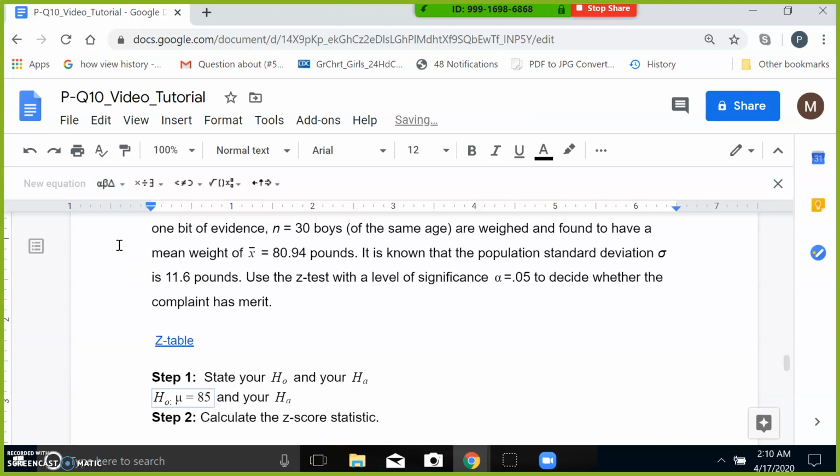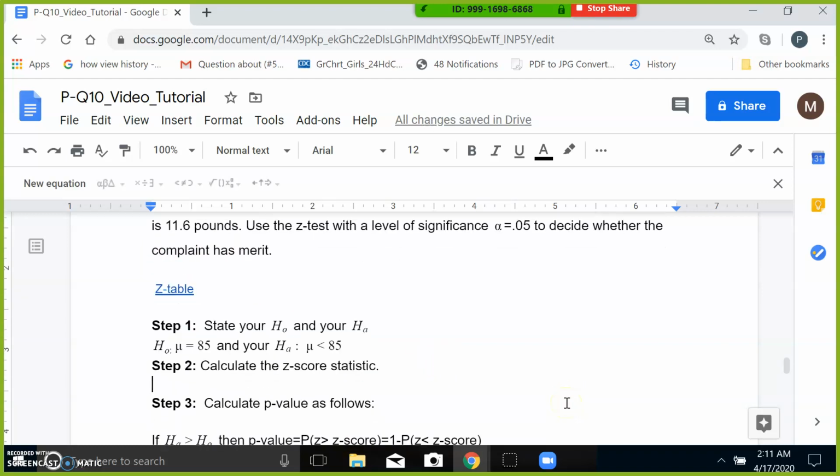So that means that they're not underfed, say, and our alternative here would be that they are underfed, so that'd be the mean is less than 85. Okay, so that's step 1 done.